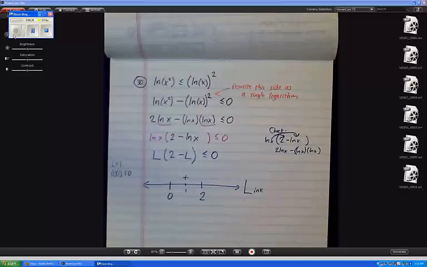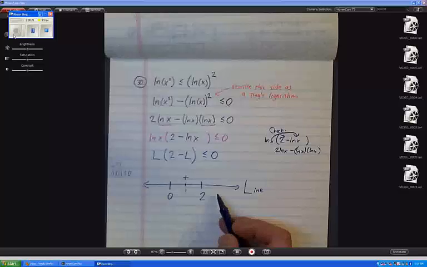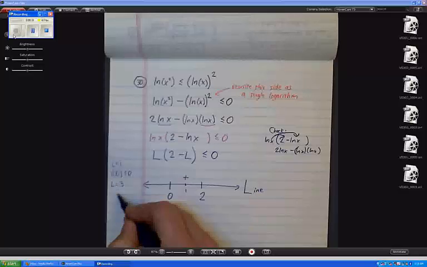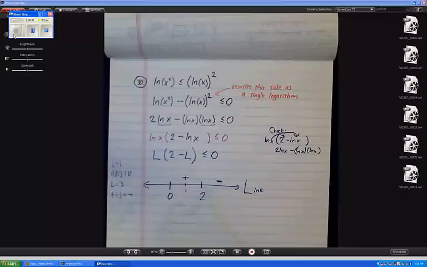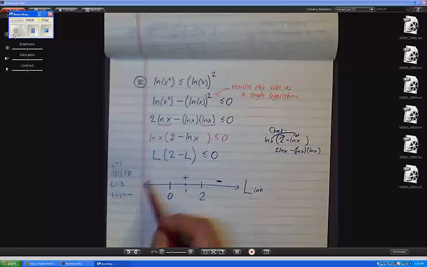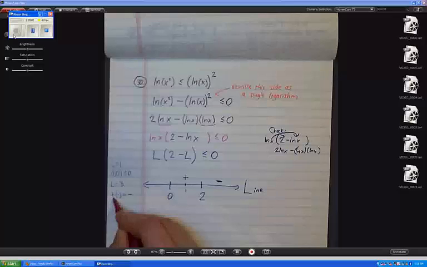All right. What happens if you plug in something bigger than 2? Like if L equals 3, I get a positive times a negative, so I get a negative. That's good, right? We want to be less than or equal to 0. Does this make sense? Why would it be negative? Okay. Let me say it again. If I plug in L equals 3, I'll get positive 3 times 2 minus 3.